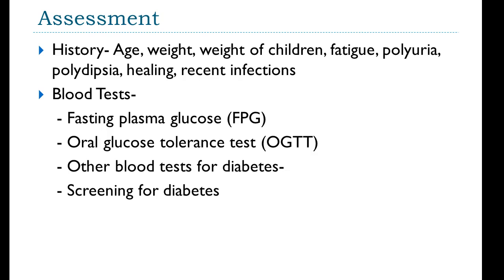Usually levels rise 1 milligram per deciliter per decade of age. And so you might see that somebody might have a 104, 103 milligrams per deciliter blood sugar result. And that's what we sometimes see with the aging patient, depending on how old they are.